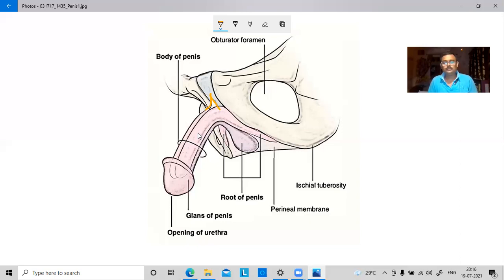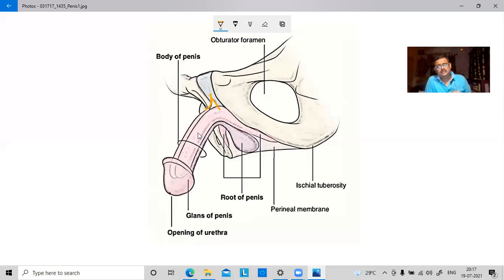Now, as the fascia of the penis is a tight compartment, the penis becomes tight and there will be erection. The erection is followed by ejaculation. Now, this ejaculation is mediated by the sympathetic nerve from the L1 segment of the spinal cord via the superior hypogastric plexus.